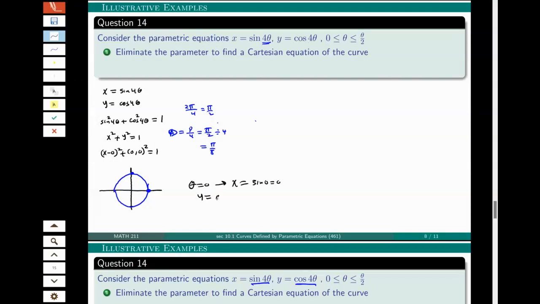So we will put y equal to cosine 0, which is 1. So when we start, we will get x is 0, y is 1, which is this point. When I put theta equal to pi over 8, I'll get x equals sine 4 times pi over 8, which is 1, and y will be 0. So that will be the point. So the direction is this one.